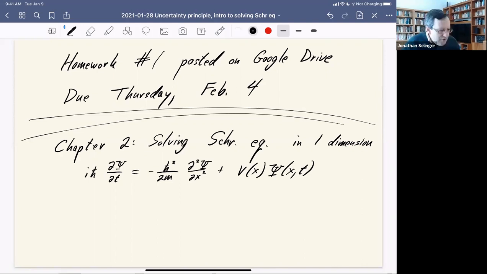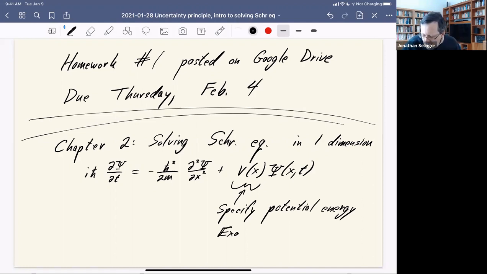Okay, so how do we solve this, right? The name of the game is going to be that we specify the potential energy. So we say, are we working with, for example, a harmonic oscillator potential, right? We could say, for example, what happens if V of x is 1/2 k x squared?